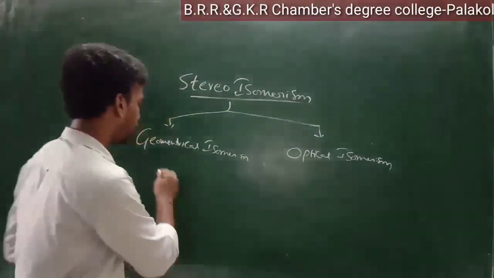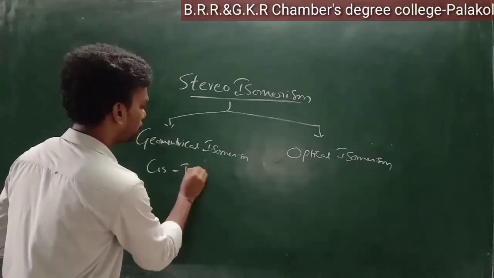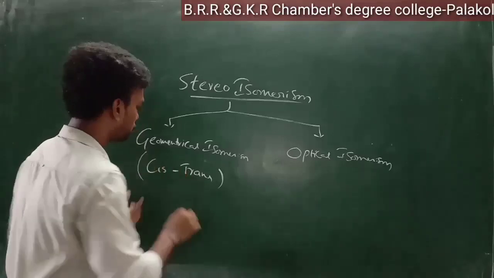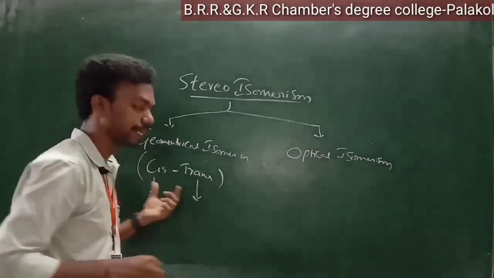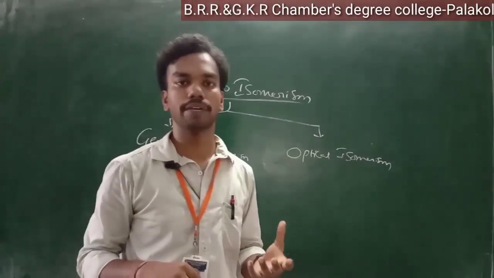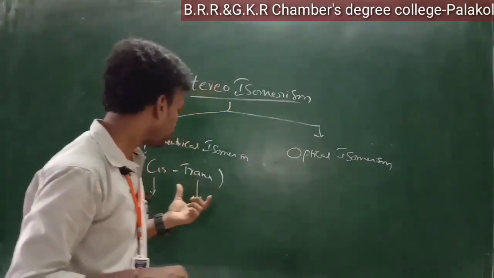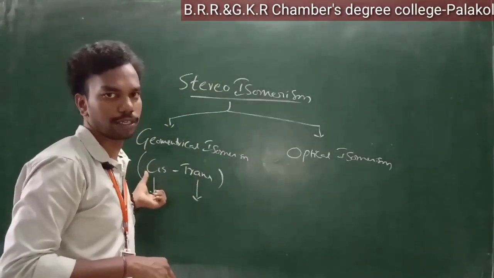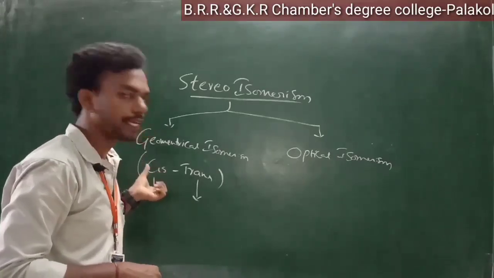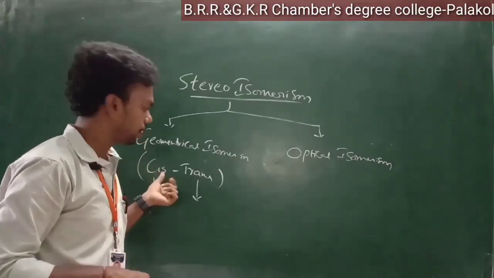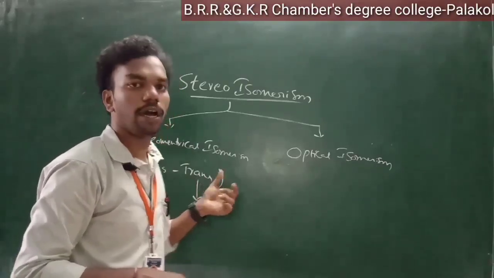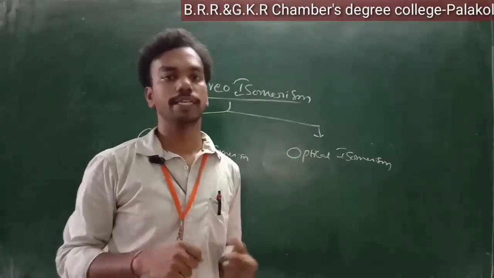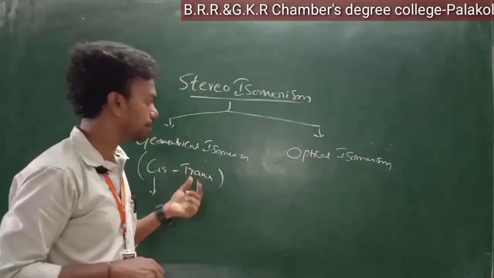That means cis and trans isomers. Cis isomer, same side; trans isomer, opposite. When the same type of ligands are arranged adjacent to each other, that is the cis isomer. When the same type of ligands are arranged on the opposite side, that is the trans isomer.